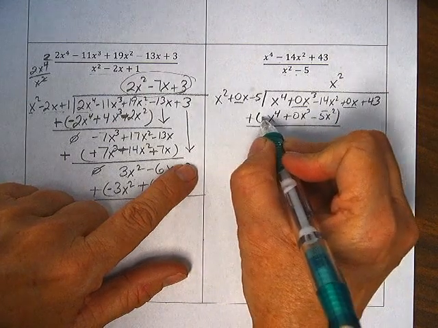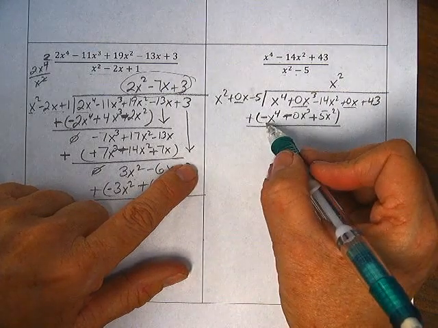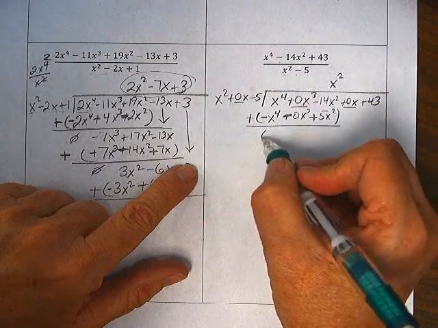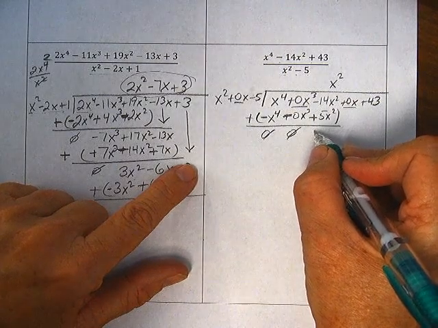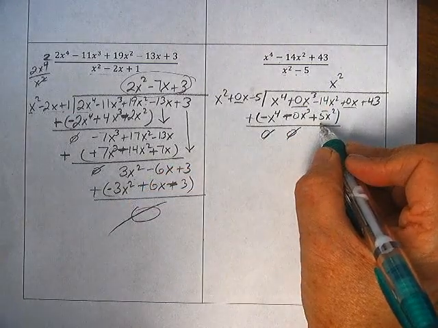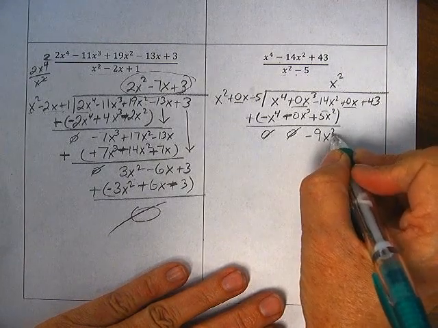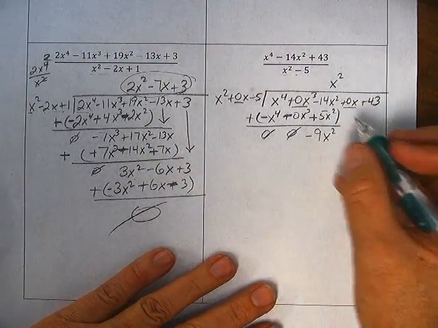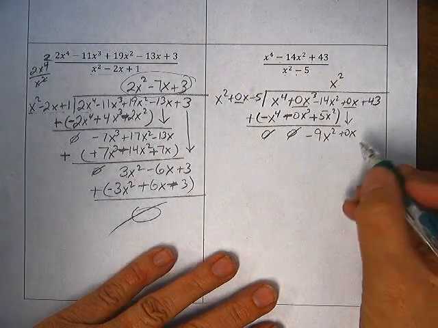So that becomes a positive, negative, negative, positive. x to the fourth goes away. x to the third goes away. So here we have negative 14x squared plus 5x squared. So that gives us a negative 9x squared.